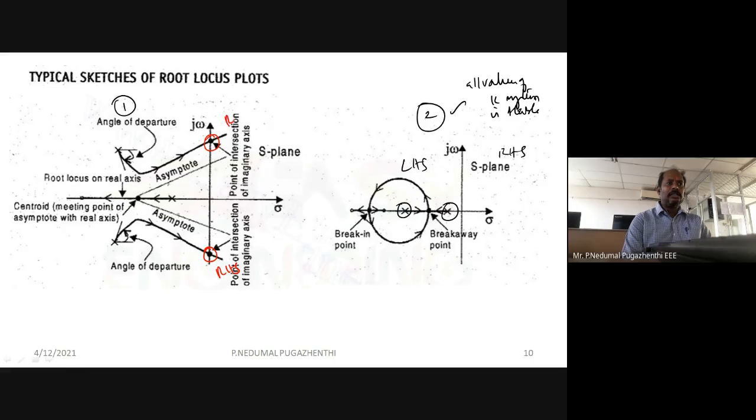This is your right hand side, this is your left hand side. At some stage of k, the complex conjugate poles are trying to move to the right hand side. So you have a boundary for k to maintain your system stable in the left hand side.